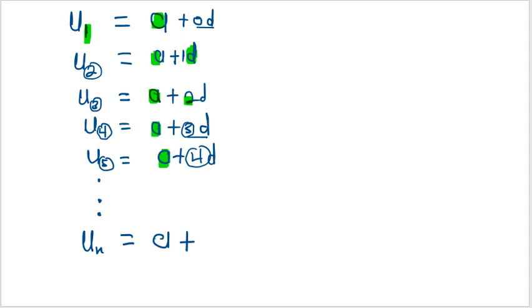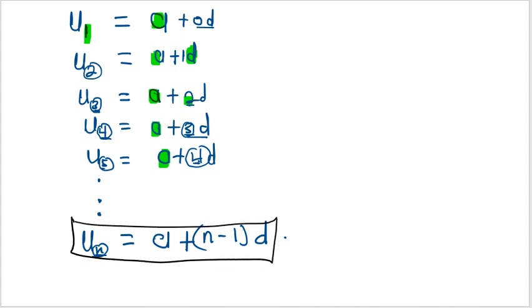So if we have N, then we will have what? It means that all the values here keep reducing by 1. If we have 5, we get 4. If we have 4, we have 3. If we have 3, we have 2 here. So we keep reducing by 1. Therefore, if we have N, then we also get N minus 1 D. And this is the general term for an arithmetic progression.